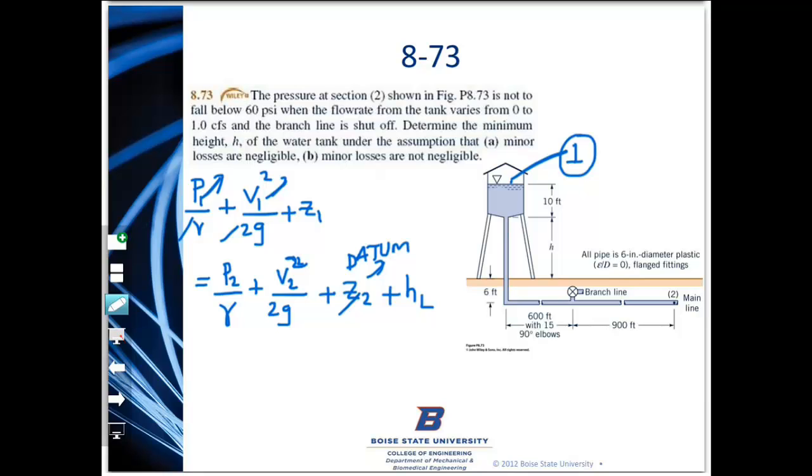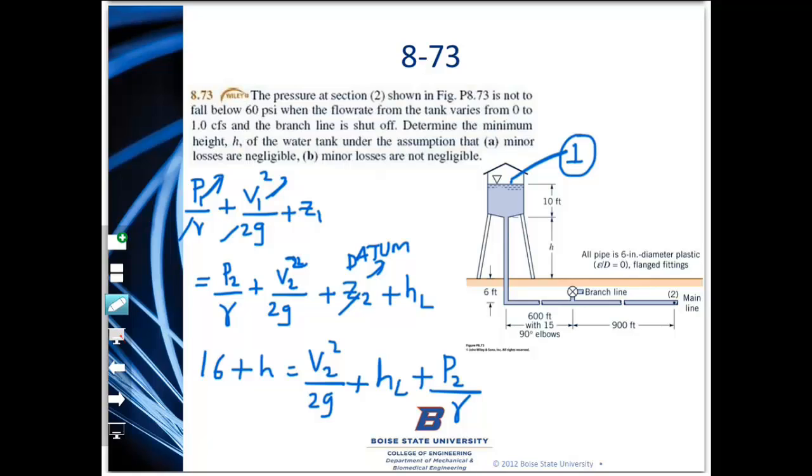If you simplify this, you'll get 16 plus h equals V2 square over 2G plus HL plus P2 over gamma.